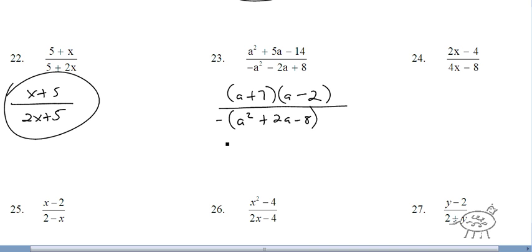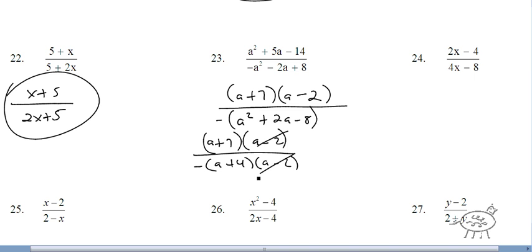So I really get a plus 7, a minus 2 over negative parenthesis, a plus 4, a minus 2. The a minus 2's cancel, and if there's just a negative there, guys, the negative goes to the top. It's just always the case. So a plus 7 over a plus 4.